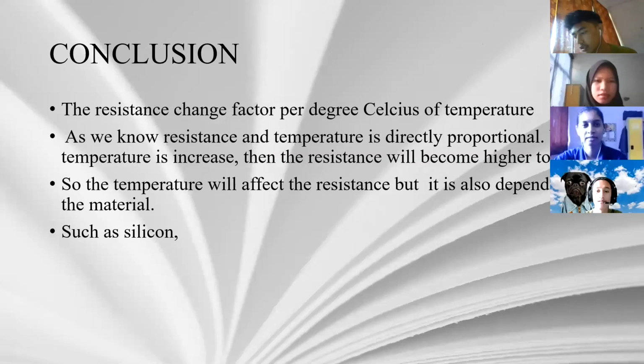As we know, semiconductors like carbon have a negative temperature coefficient, and copper is the best material used for current flow because of its low resistivity and low oxidation. That's all from us.